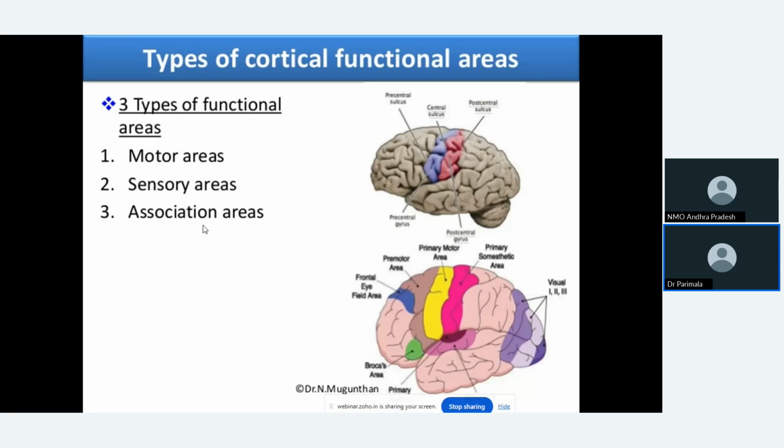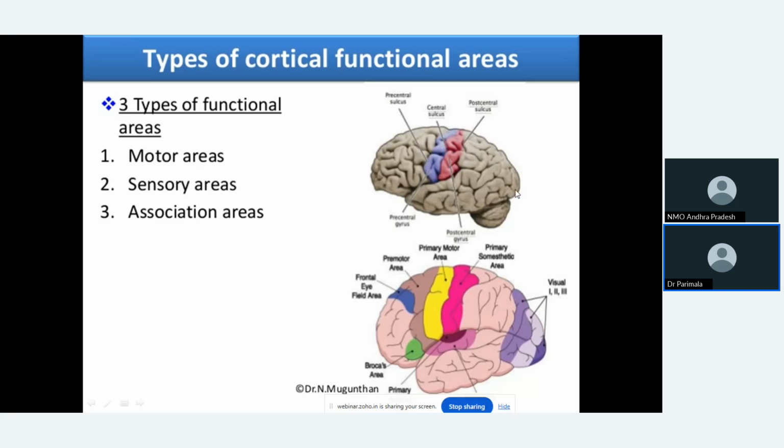It is simple. Further simplification: only the frontal lobe consists of motor areas. The remaining three lobes, parietal, occipital and temporal, have sensory areas only. The parietal lobe sensory areas are concerned with skin and touch sensation.